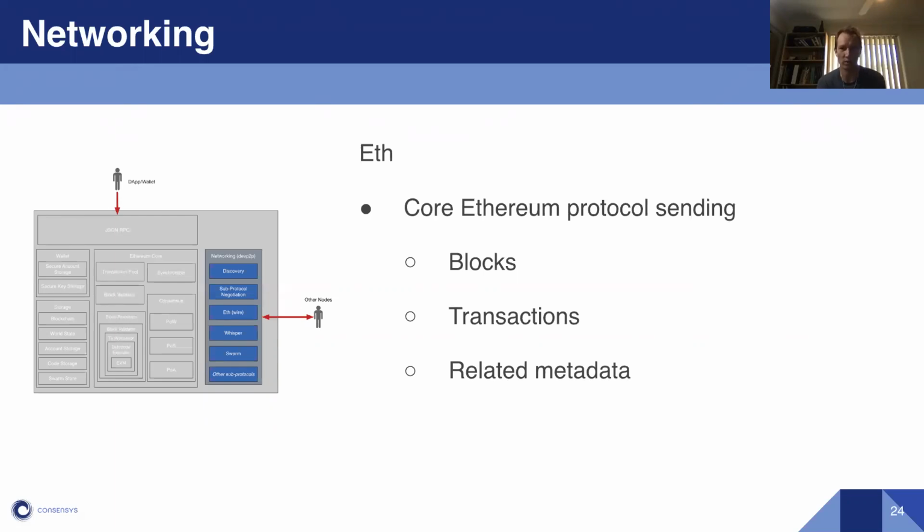That's how blocks and transactions and the related metadata are shared throughout the peer-to-peer network and between Ethereum clients. A miner will use the ETH protocol when they produce a new block and they've mined it, they'll send it out and promiscuously share that. A new client, when it's coming online, will use the ETH protocol to get its data in most situations.